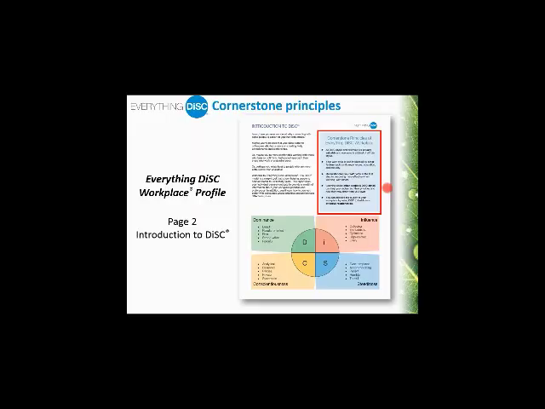The basic circumplex model is shown in every Everything DiSC report to reinforce the principles of the DISC model. It's often helpful to view it as a compass. So the north-south axis, moving between D and I and S and C, is about pace and reaction.